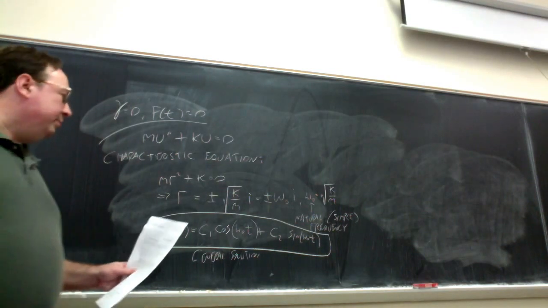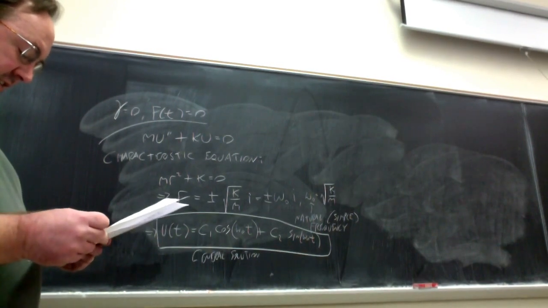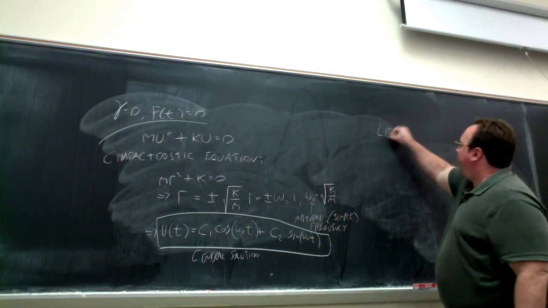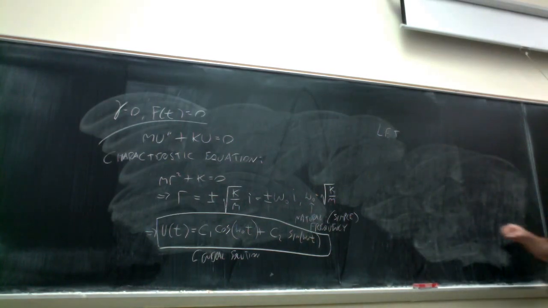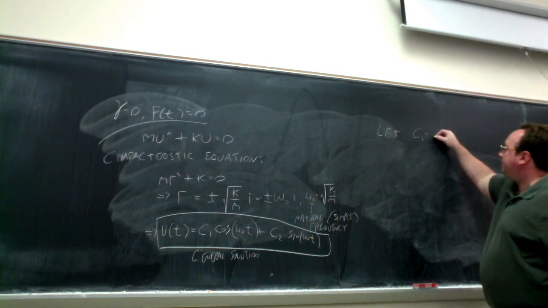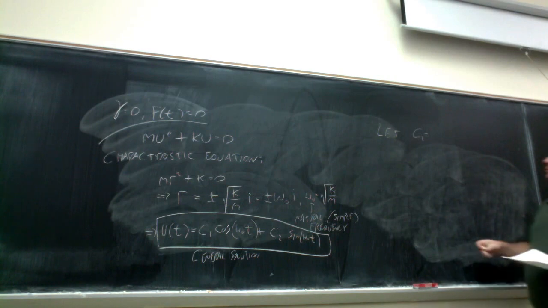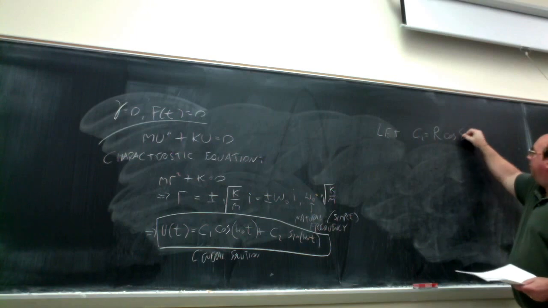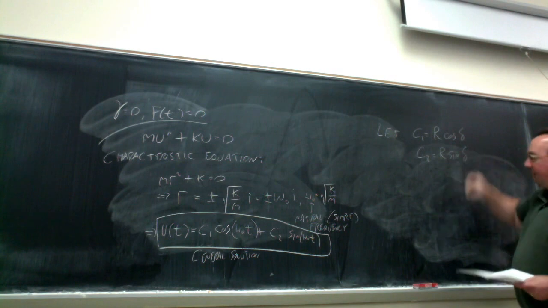Now, I'd like to be able to understand the behavior of a solution qualitatively. And for that, I'm going to assign some values to these constants, C1 and C2. I'll use a capital A and capital B in the notes, but you guys are used to C1 and C2. I'm going to call C1 R cosine delta, that's a lowercase delta, and C2 is R sine delta.